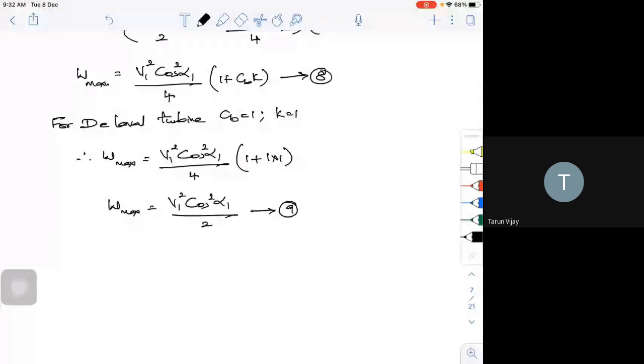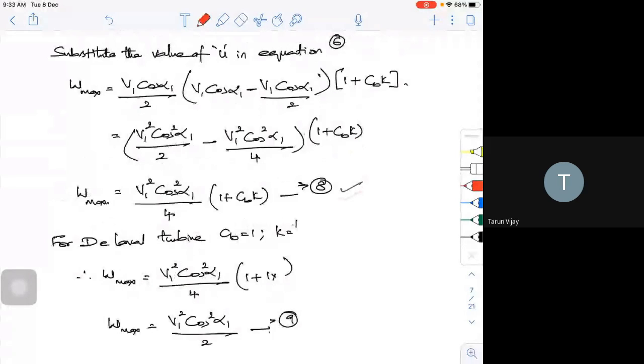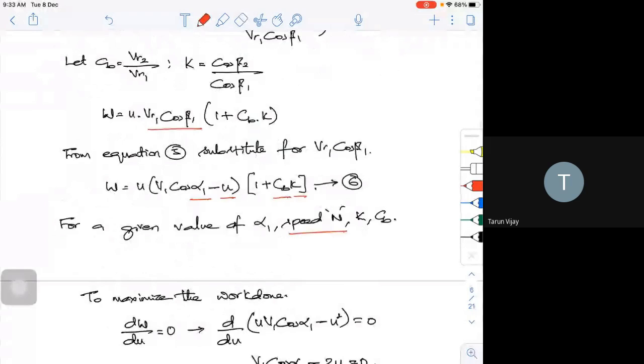So equation 8 is the generalized maximum work done, and equation 6 is the generalized equation for any kind of turbine. If you want to put it for an impulse case, Cv is equal to 1 and K is equal to 1, so 1 plus 1 is 2.